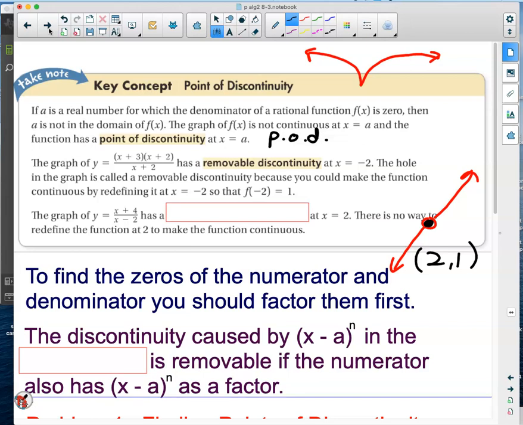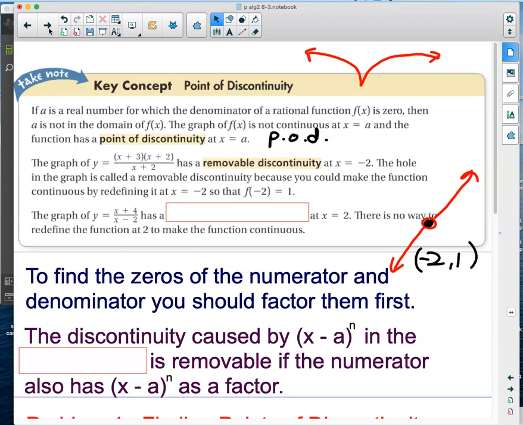It'll keep going. So it's a removable discontinuity because it's a donut hole. We could put custard in there, fill up the donut hole. Put some raspberry jelly in. People like that. The hole in the graph is called a removable discontinuity because if we said at -2, graph 1, we could fill it up.